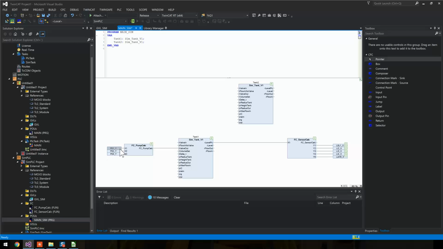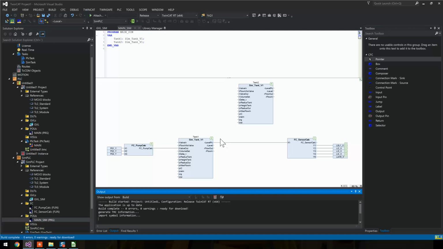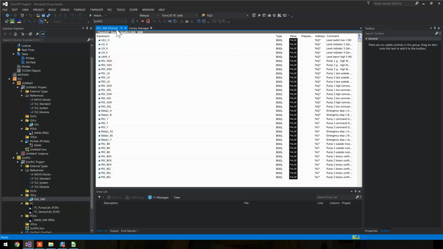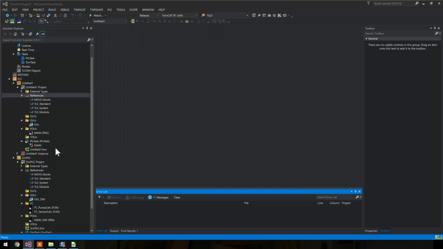So let's see if we can empty this tank. If we can initialize it. Start it. That didn't look right, so let's close and open.